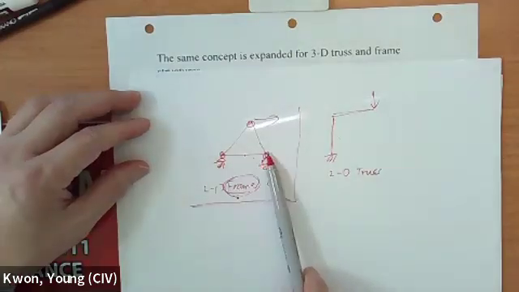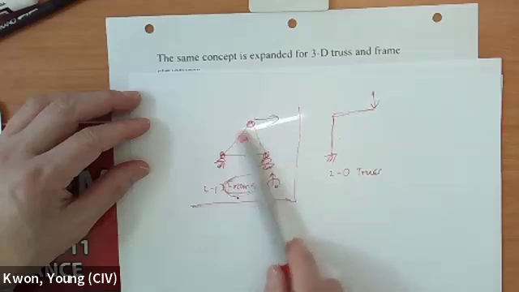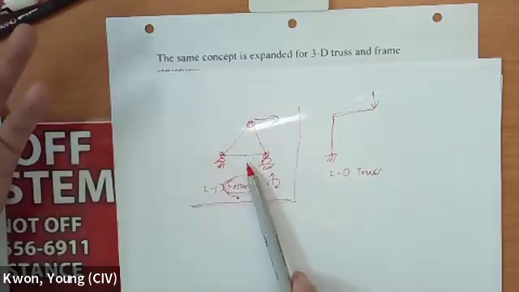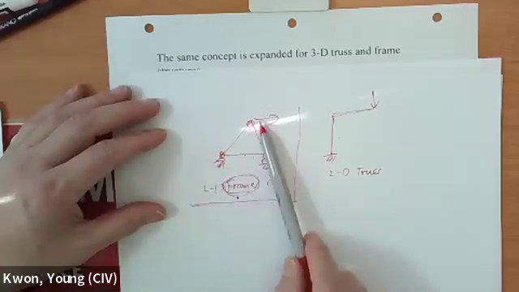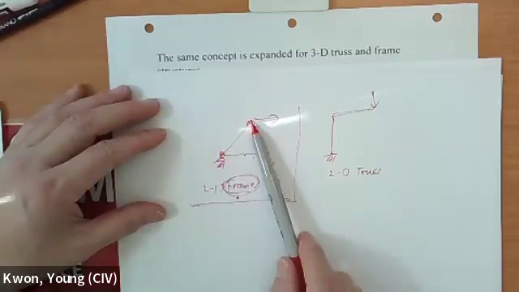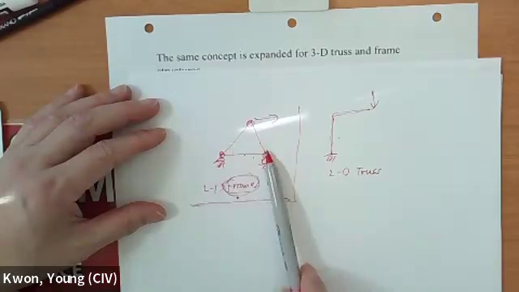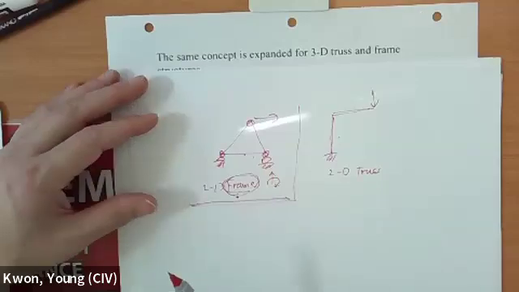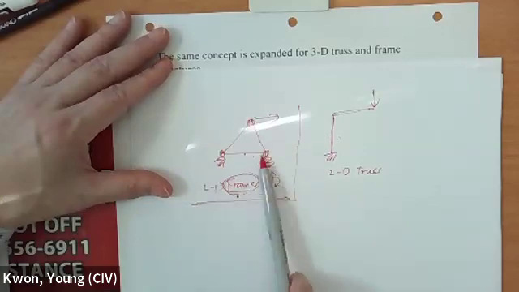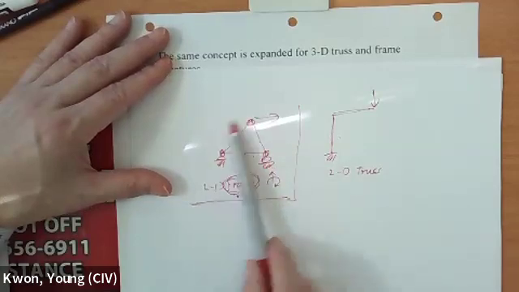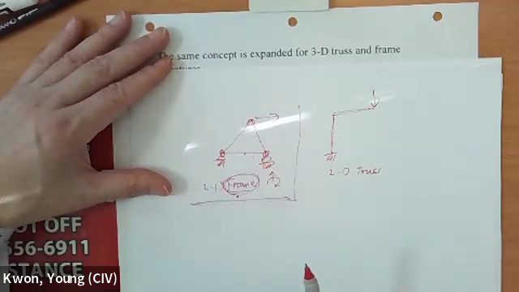Otherwise, if you do not apply the moment boundary condition here, then your matrix could be singular. So every moment has to be 0 at every node because this doesn't have any moment. So you have to clearly constrain that kind of motion. So bottom line is, if you use the frame element for that one, it is okay as long as you properly apply those additional constraints.